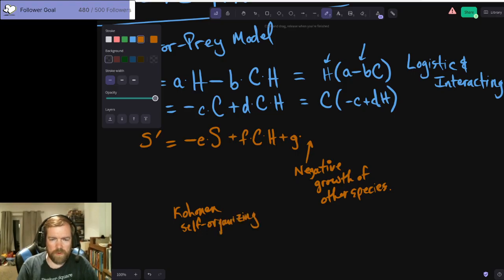So I found some code for a Kohonen self-organizing map, and I ended up altering it to do this predator-prey-scavenger model, which I found rather interesting.